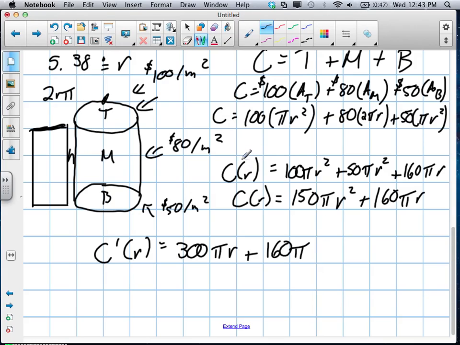Now, the radius of this, we need this to be equal to 0. Oh, you know what we did miss out? There's an h here.